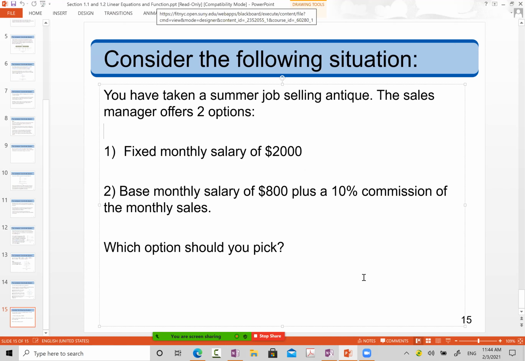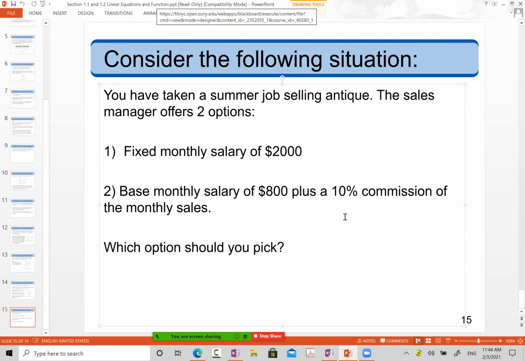Then $2,000 is more secure and stable, right? So it's totally up to you. But generally speaking, commission-based always has more potential to earn more money.